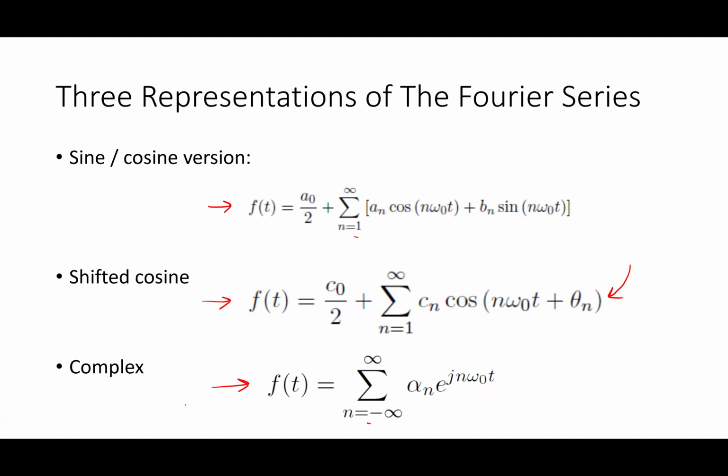If I give you, let's say, a_n cosine n omega naught t, and I do that from n equal 1 to 3.